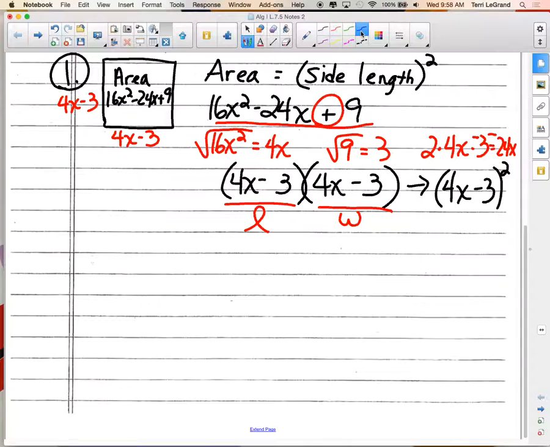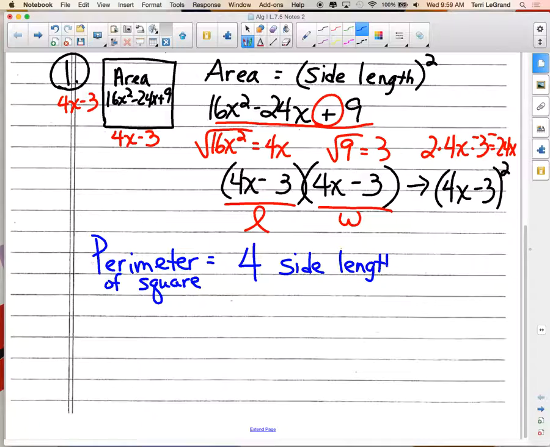Because perimeter of a square is equal to 4 side lengths. Well, we know the side length now.